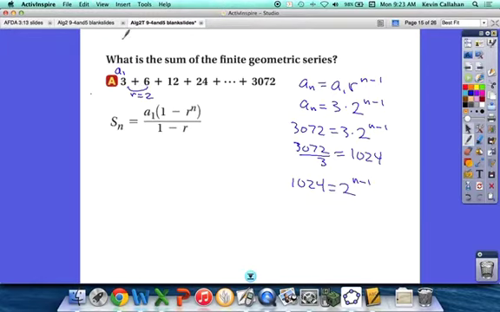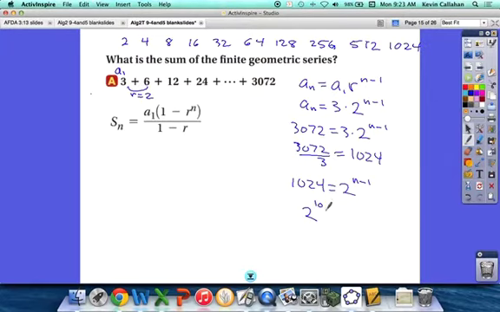You're going to go from 2, just keep doubling 2. 2, 4, 8, 16, 32, 64, 128, 256, 512, 1024. I mean, if you keep doubling 2, sooner or later you're going to get there, right? This was 2 to the first, second, third, fourth, fifth, sixth, seventh, eighth, ninth, 10th. It was 2 to the 10th.